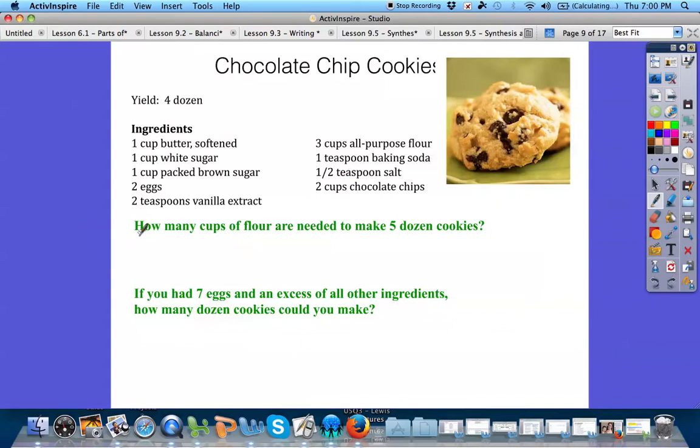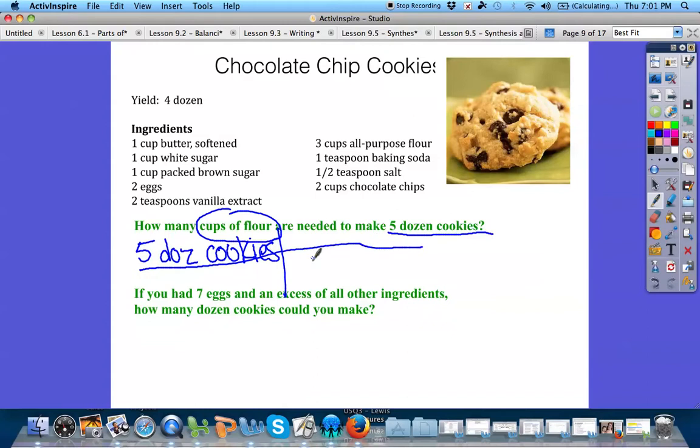So we're going to go with 5 dozen cookies. How many cups of flour? So 5 dozen cookies, and in our recipe that produces 4 dozen cookies, we need 3 cups of flour.